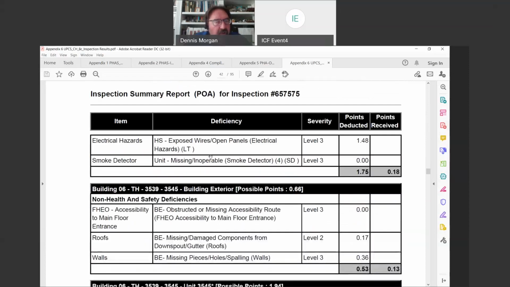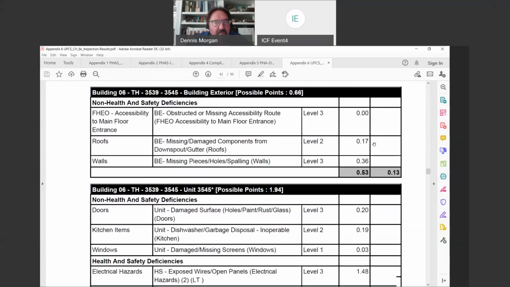Here again, electrical hazard, health and safety, LTs, level 3s, 1.48. So not only do I want to take care of these health and safeties, but I want to take care of these high ticket items.